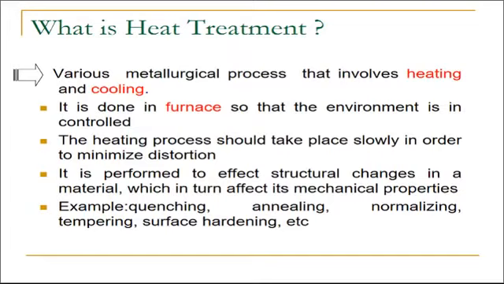The heating process should take place slowly in order to minimize the distortion of steels. It is performed to effect structural changes in a material, which in turn affect its mechanical properties. Various heat treatment processes can be applied to steels, such as quenching, annealing, normalizing, tempering, surface hardening, etc.